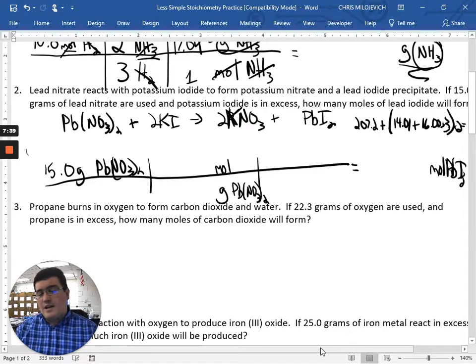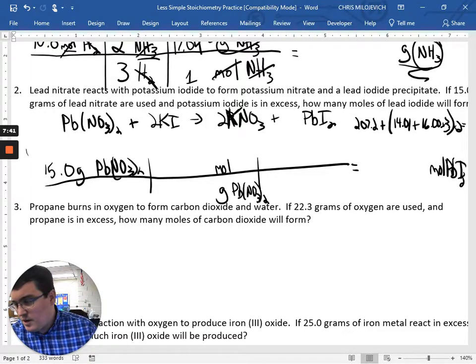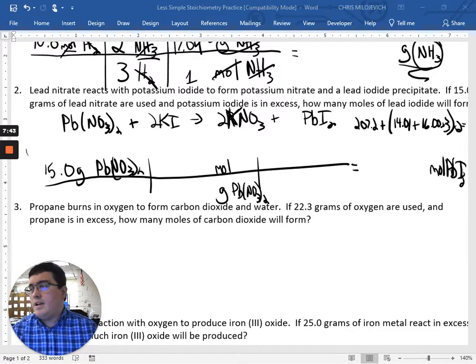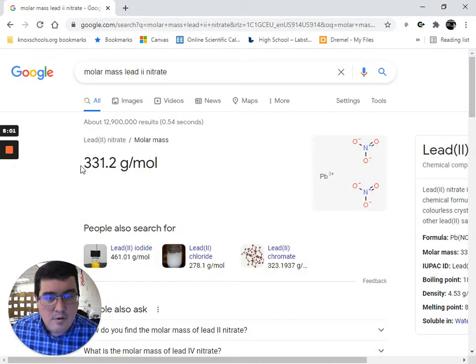If I plug that in my calculator, it's going to give me something like 331, I think. But a better way to do this is to ask Google the molar mass of lead nitrate, Pb(NO3)2. There we go. All right, so Google tells me right there.